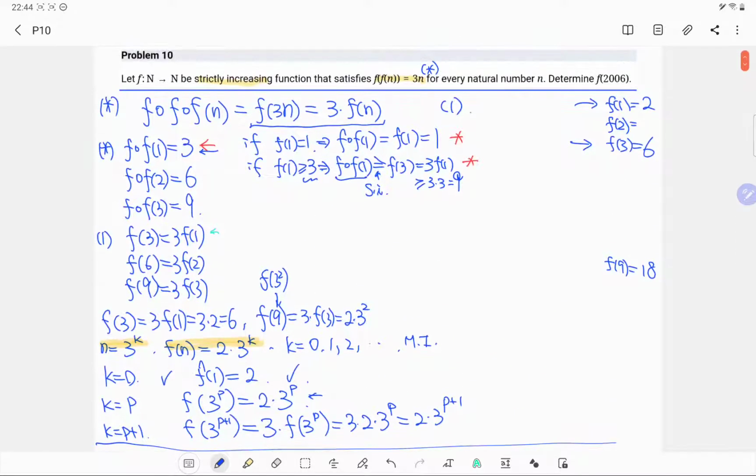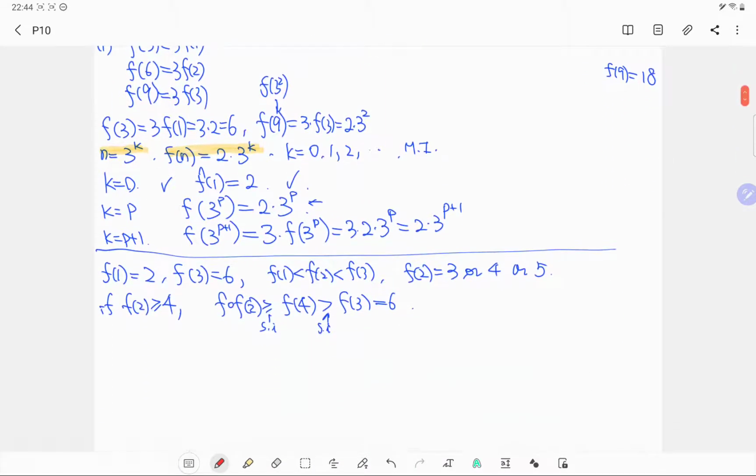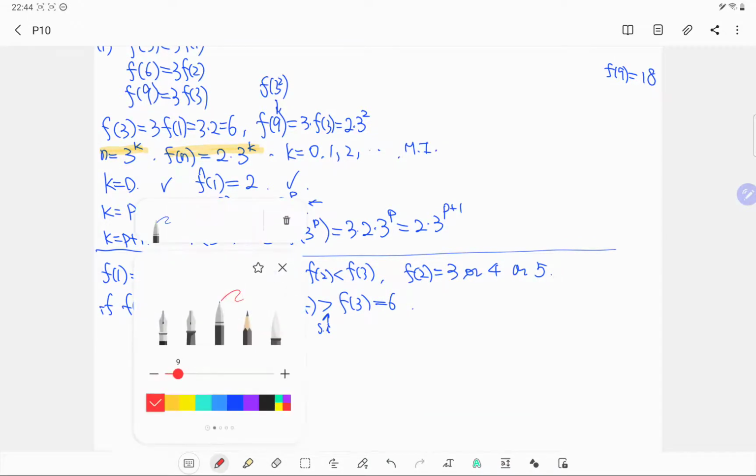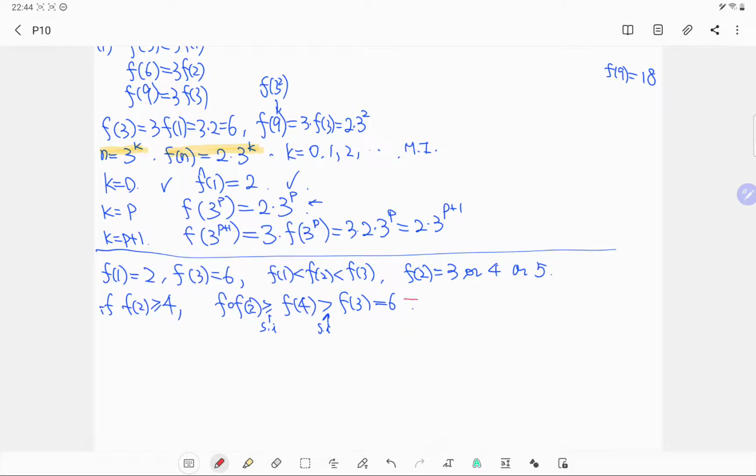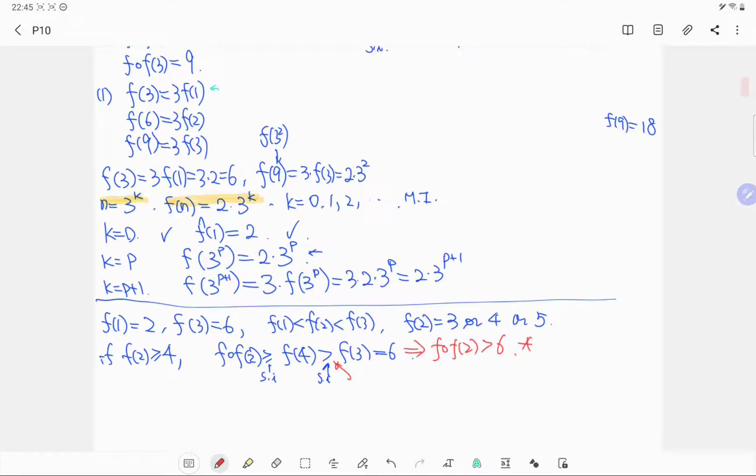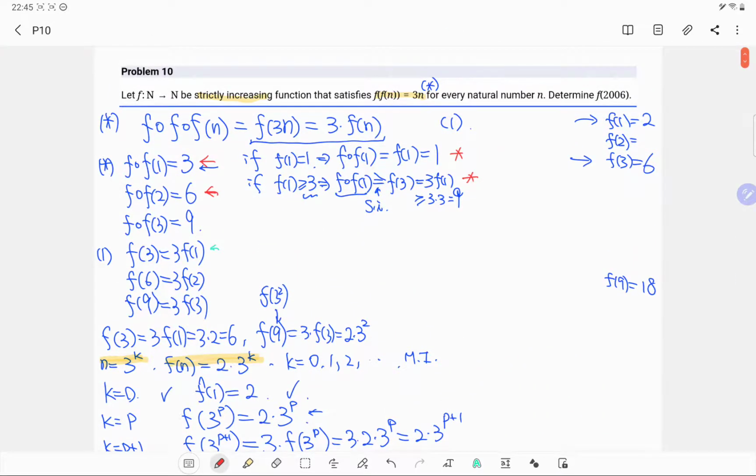However, here we have f of 2 equals 6. However, in here we have f of 2 is strictly larger than 6 because this is strictly larger. So this is in conflict with this one.